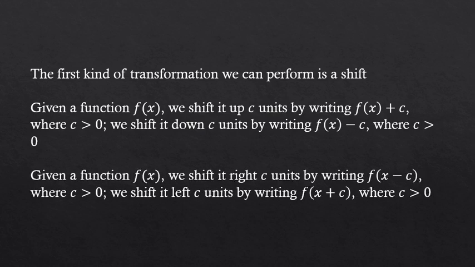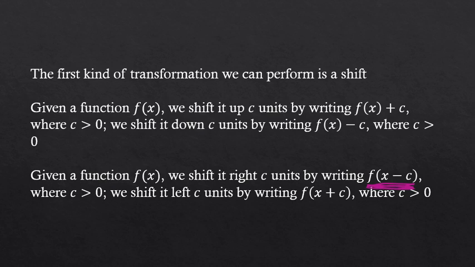We can also shift it horizontally. We can shift it left or right. This gets a little bit more involved, a little bit more complicated. Given a function f of x, we shift it right c units by writing f of the quantity x minus c, where c is positive. So what we mean by f of x minus c here is wherever we have a variable, wherever we have the letter x in our given function f of x, we're going to replace it with the quantity x minus c.